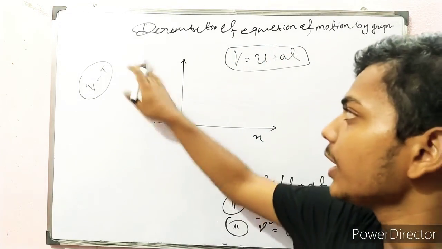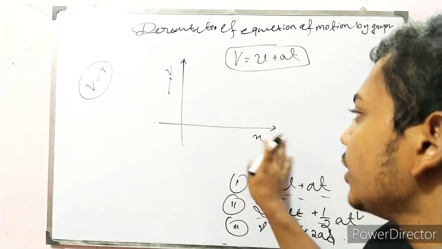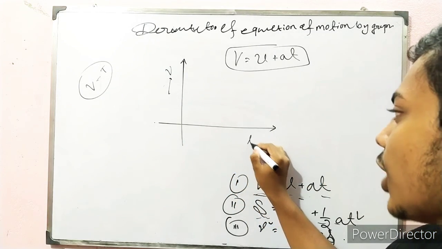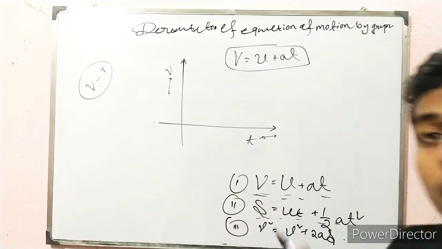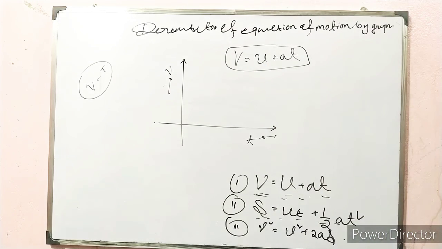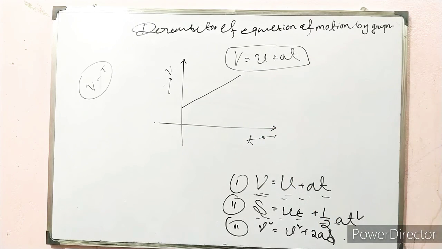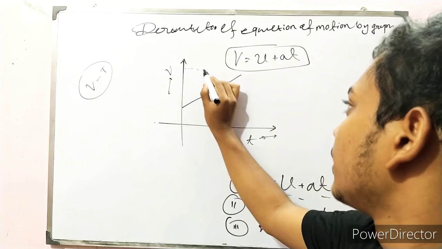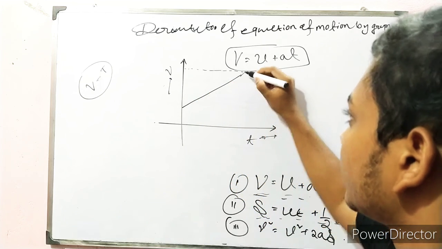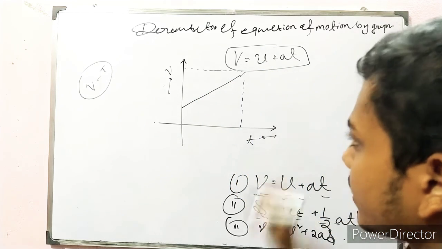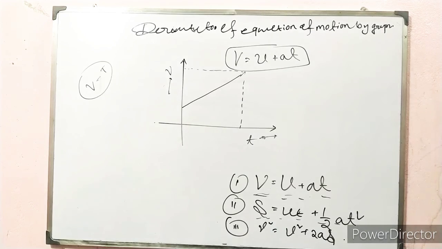And in this graph, here we will put the velocity and here we will put the time t. Because the initial velocity is not zero, we can start the graph like this. And over time it reaches the final velocity.